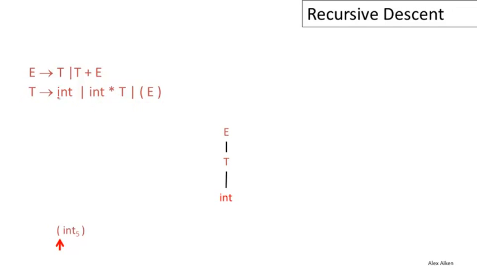Now we actually have something that we can check. We can check whether we're making progress. Observe that as long as we're generating non-terminals, we don't really know whether we're on the right track or not. We have no way to check whether the non-terminals that we're generating are going to produce the input string. But once we generate a terminal symbol, then we can compare that with the next input token to see if they're the same.